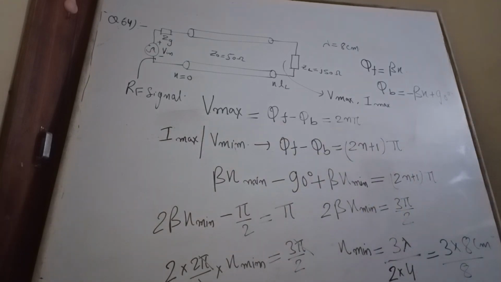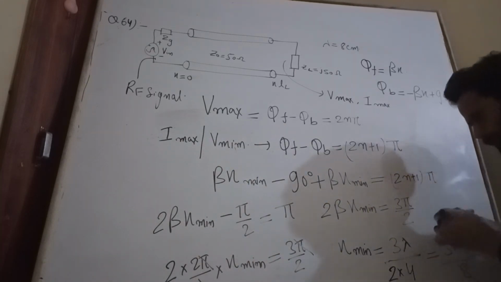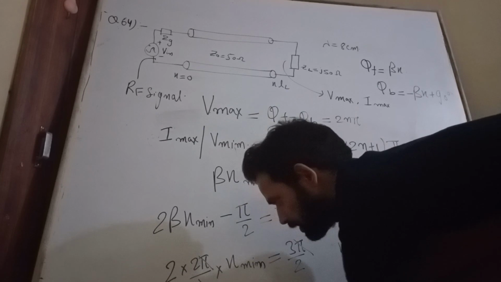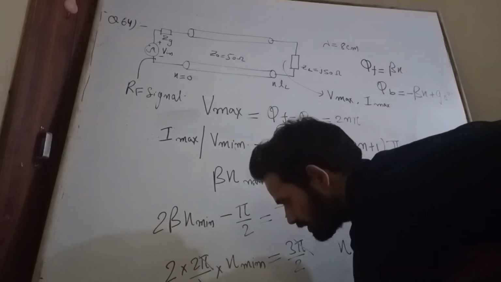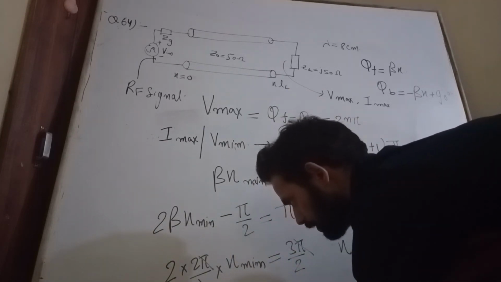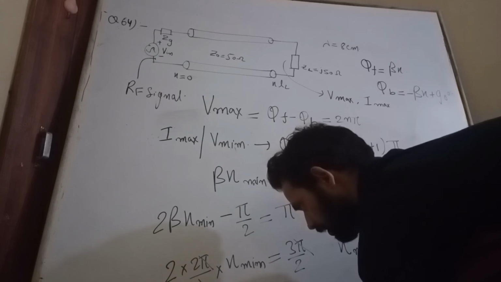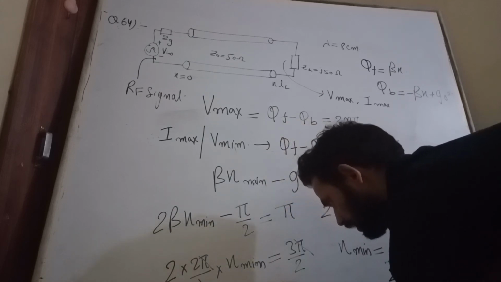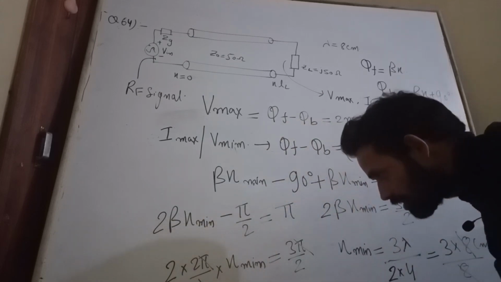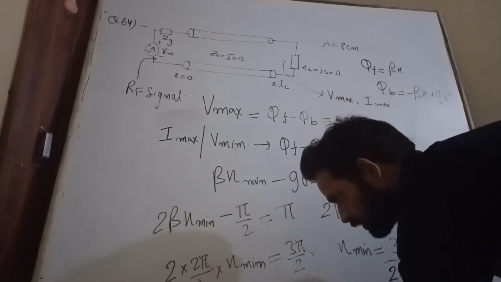So 8 will get cancelled, and we will get voltage minima, x minima is equal to 3 centimeter. So this is for x minima, for voltage minima.